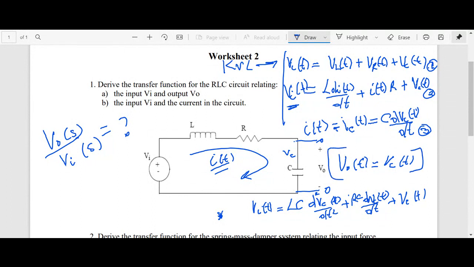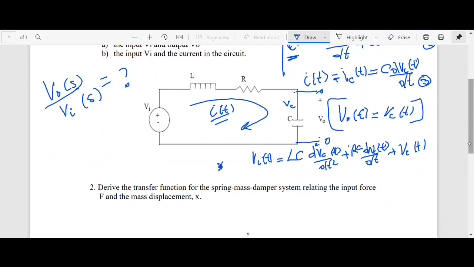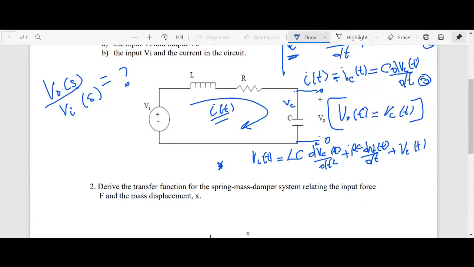And so, yes, we certainly do have that because I can now go ahead and change all of my VCs to VO. Instead of writing this all over again, I'm just going to write VO wherever I have VC. And so we're all good.